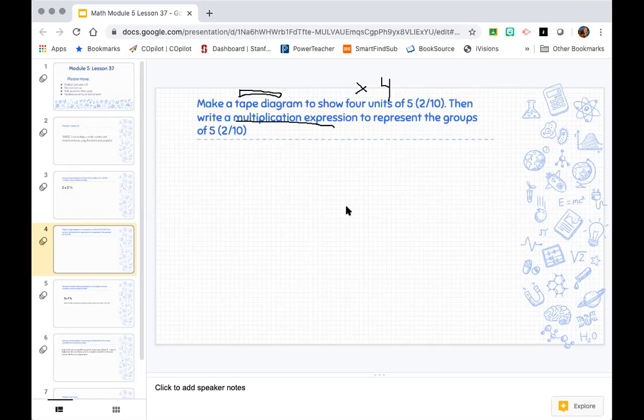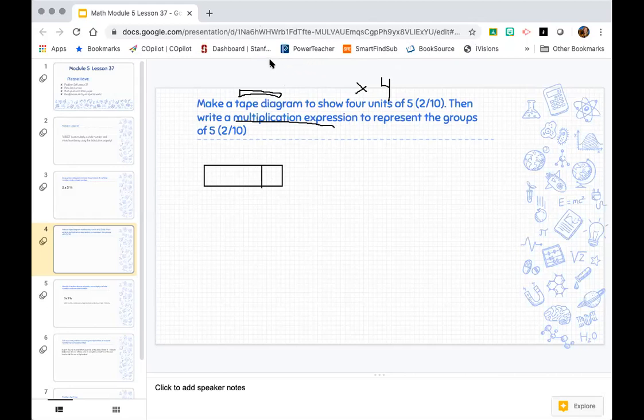Okay, guys, so we need to first make our tape diagram. The very first thing is just to make it a 5 2/10. I'm just going to do one like this. We'll say that right here is the 2/10.